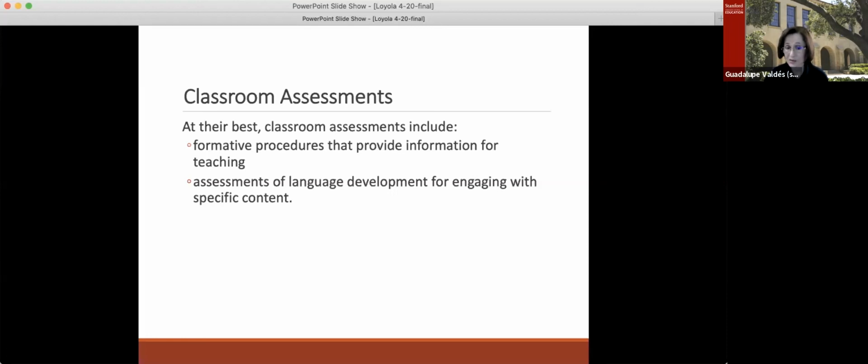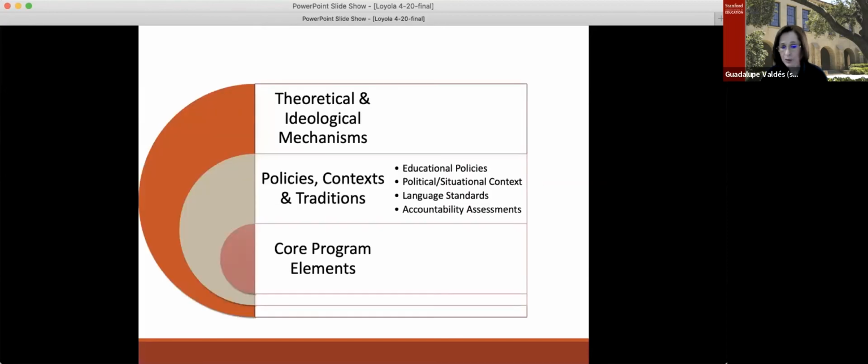I want assessments of language development for engaging with specific content. I want to know what I'm going to help the teachers that are part of this program teach, and we want them to make certain that what they develop is the language that they need for engaging with specific content.